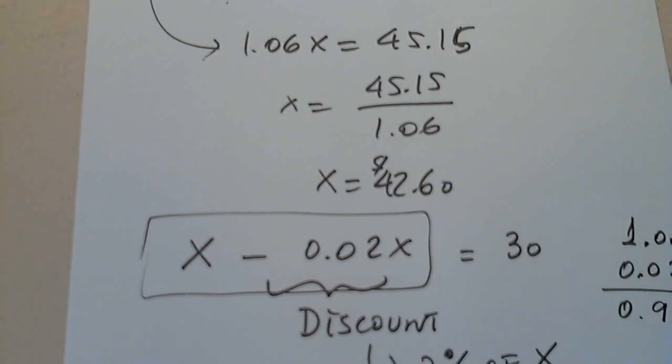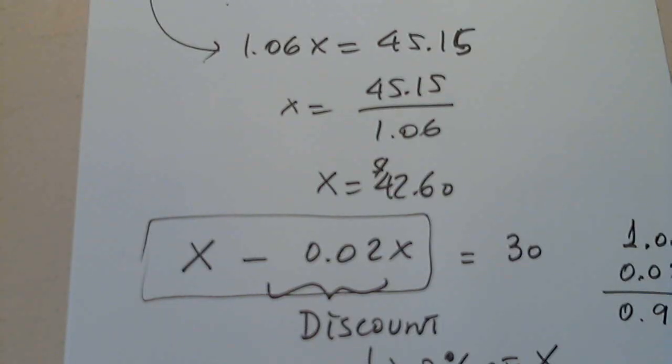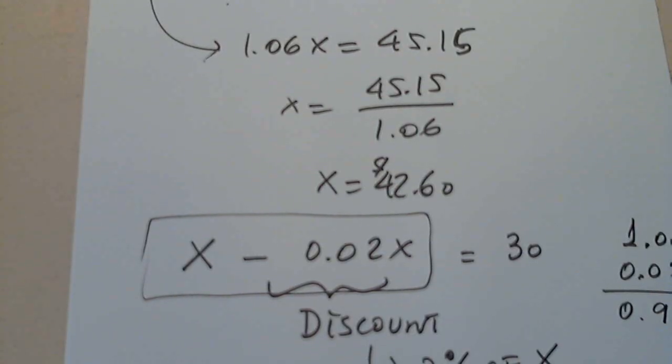And how much is x now? What operation, first of all? What operation do I have to perform here? Division. Yes. So of course I have to divide 30 by the number in front of x. Let's see what was the original price.